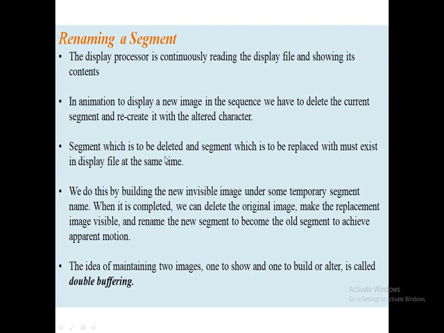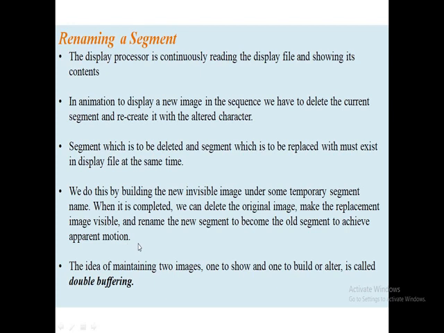The segment which is to be deleted and the segment which is to replace it must exist in the display file at the same time, which is perhaps difficult. We do this by building the new invisible image under some temporary segment name. When it is completed, we delete the original image, make the replacement image visible, and rename the new segment to become the old segment to achieve apparent motion.